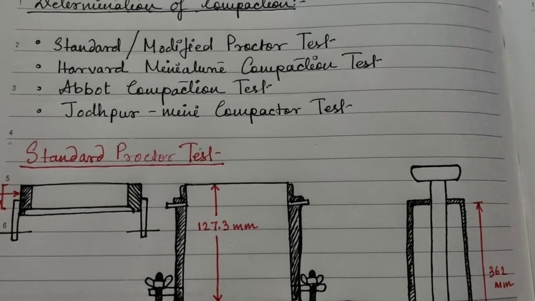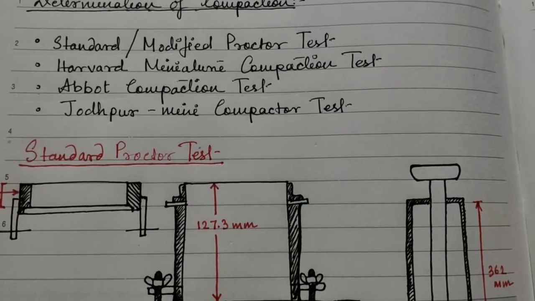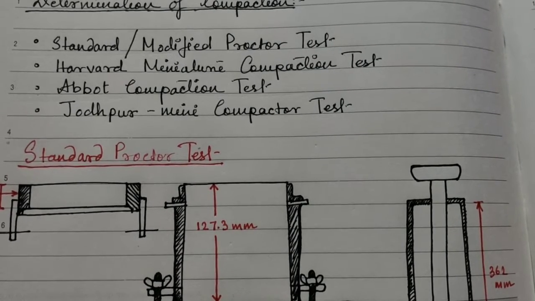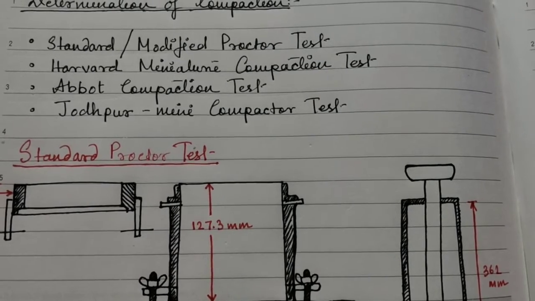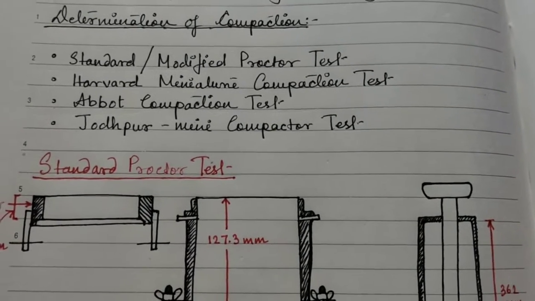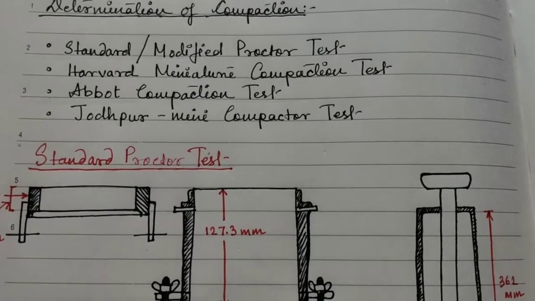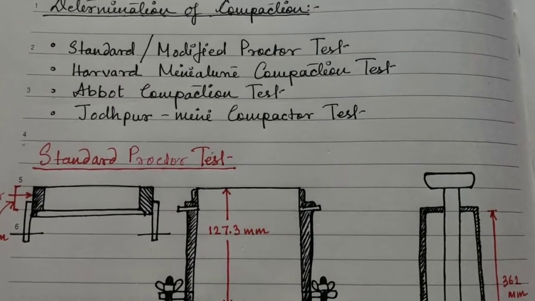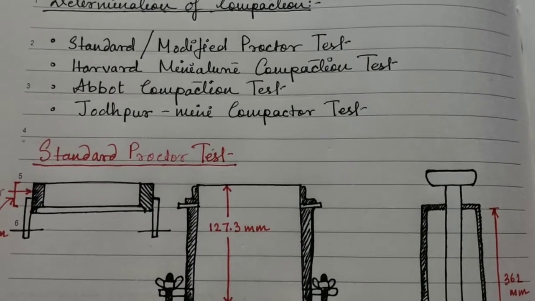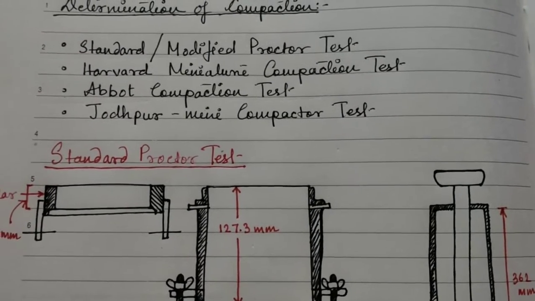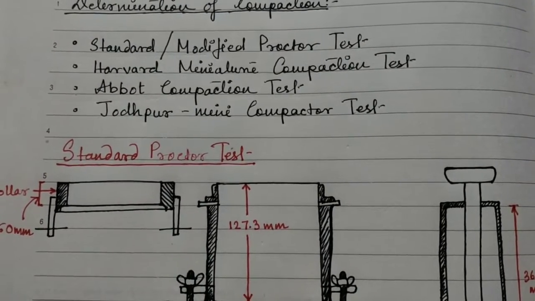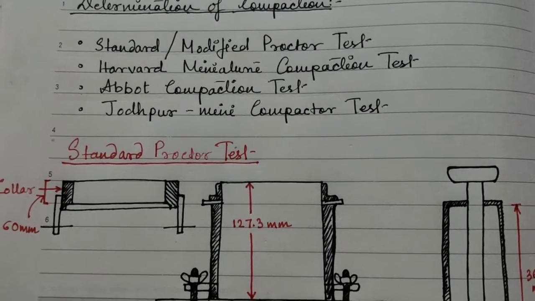Why is the water sprinkled on top of the white sand? This water acts as a lubricant between two soil particles, which helps the soil to come into closer contact with each other. The main focus of compaction is to release the air which is present in the voids of the soil.